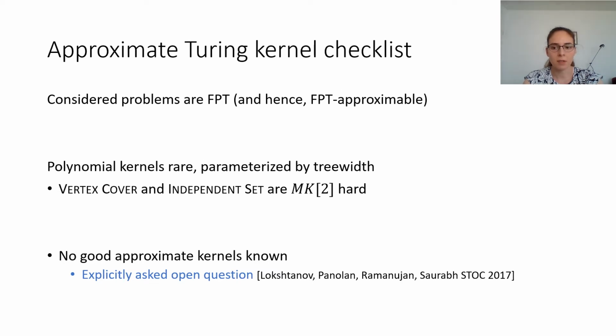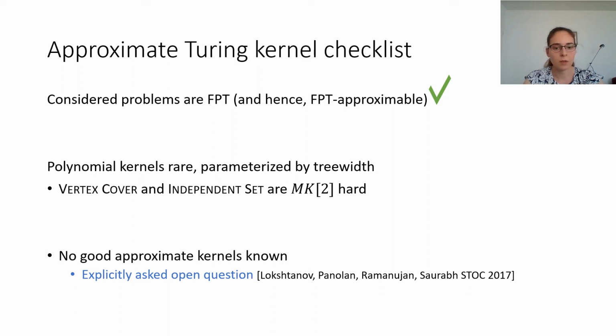Okay, so let's have a look at the checklist basically. All these problems are FPT parameterized by Treewidth, which easily follows from, for example, Courcelle's theorem. Furthermore, it's always hard to find polynomial kernels parameterized by Treewidth. Often there's an easy proof saying that they do not exist. In particular, for example, for vertex cover and independent set, you can easily show that they are MK2 hard, which basically means that it's very unlikely that they have polynomial Turing kernels.